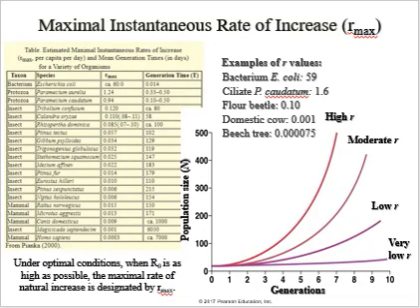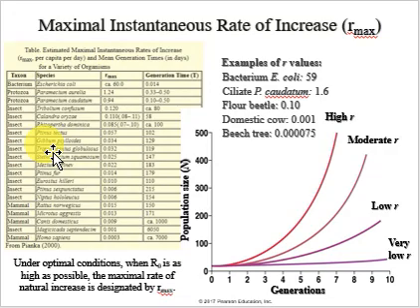Now your R max is inversely related to generation time. This maximal instantaneous rate per head also varies among animals by several orders of magnitude, as you can see in this table that I've included here.